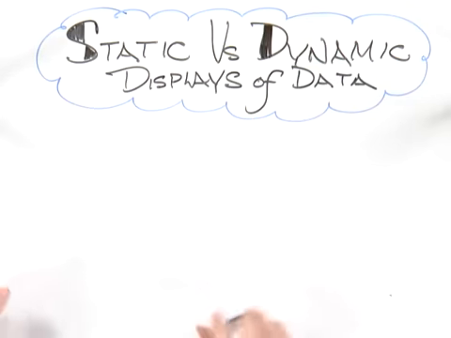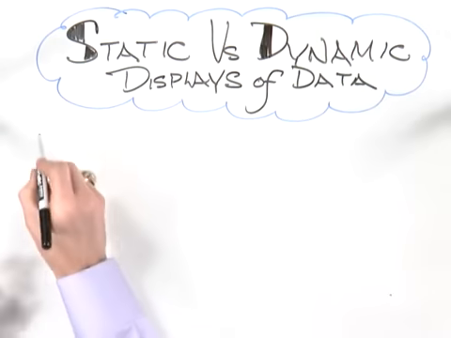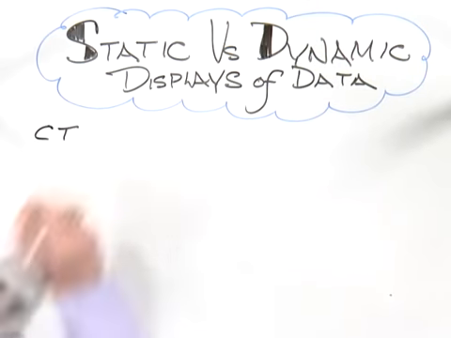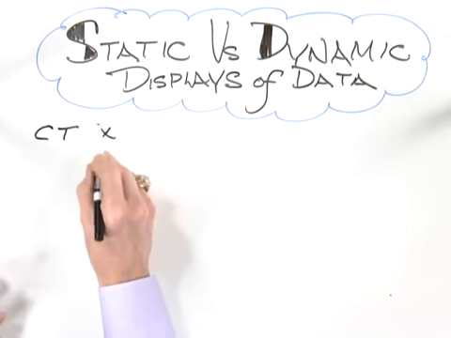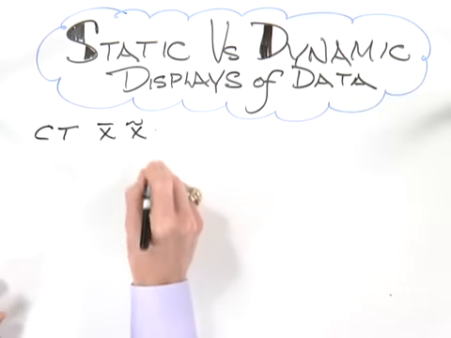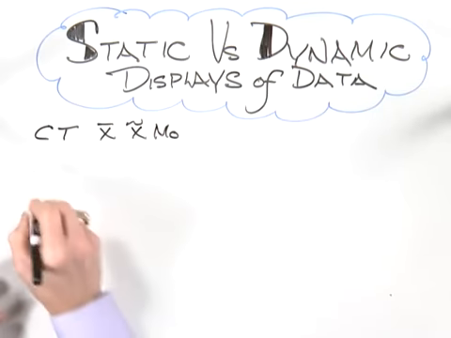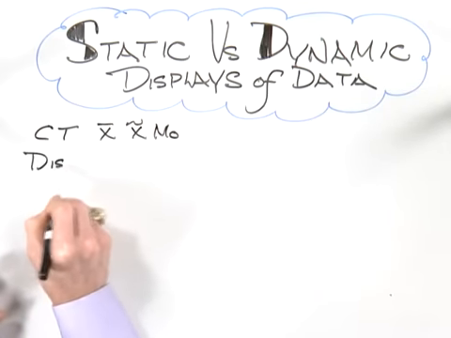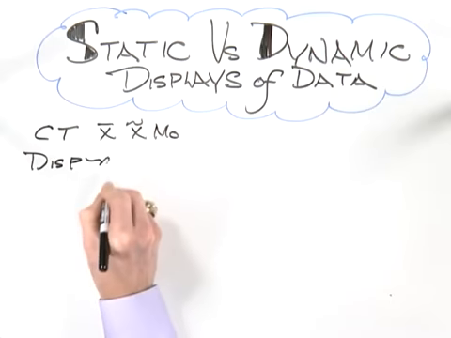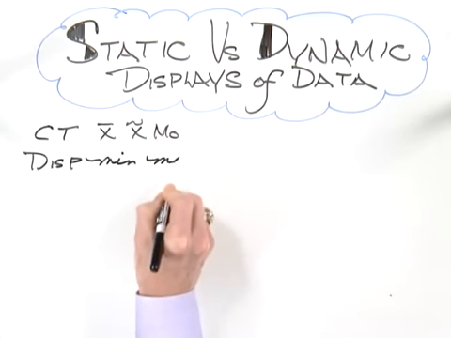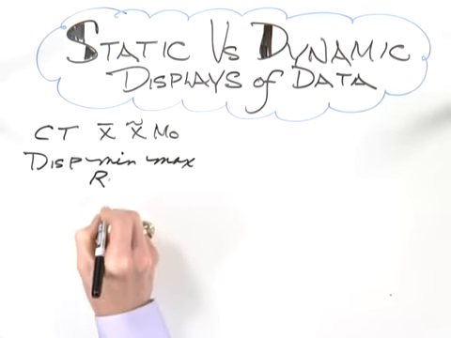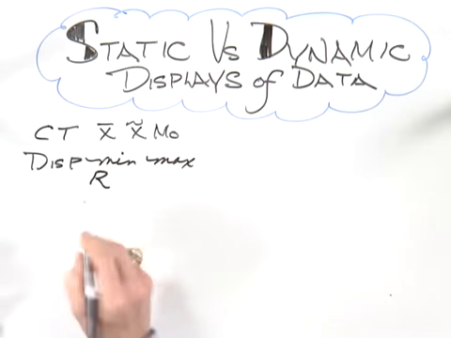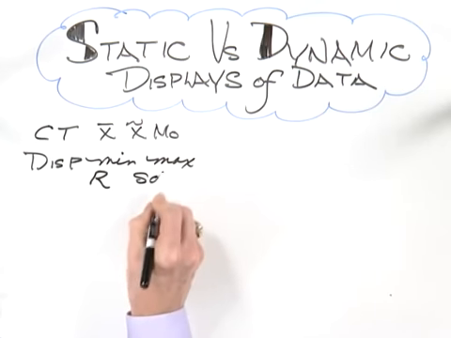If you've had any course in basic statistics, you know that there are measures of central tendency, the mean, the median, and the mode. And there are measures of dispersion, characterized by the min, the max, the range, which is the absolute difference between the min and the max, and finally, the standard deviation.